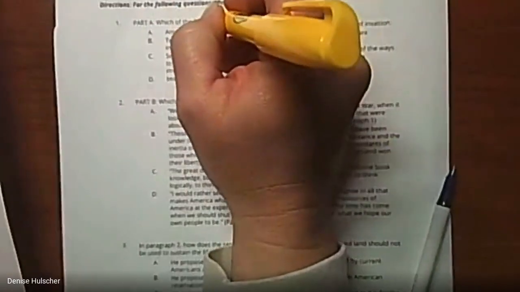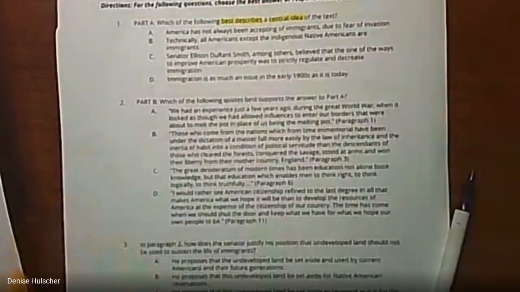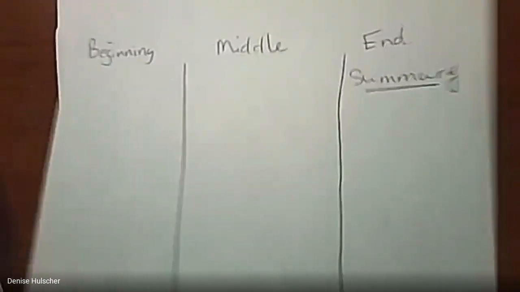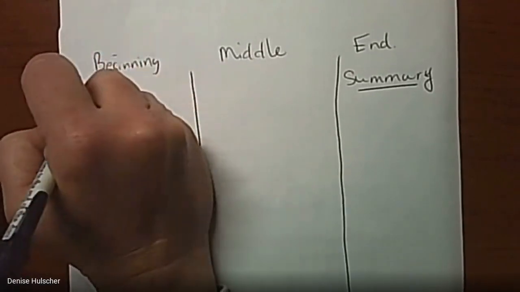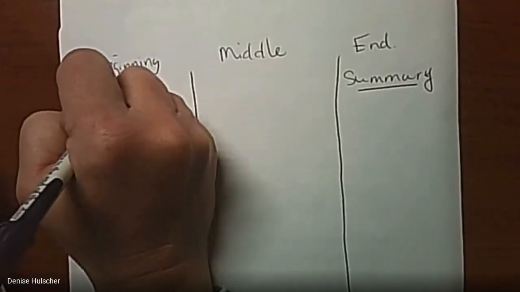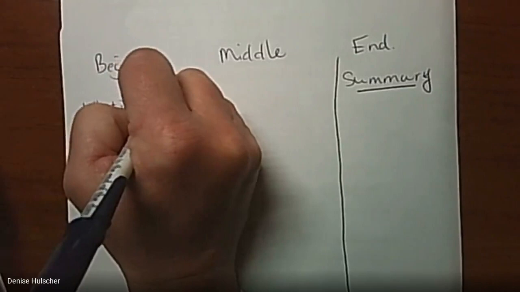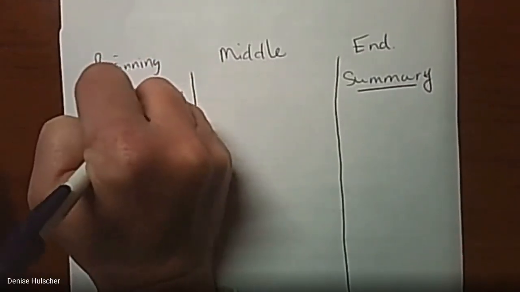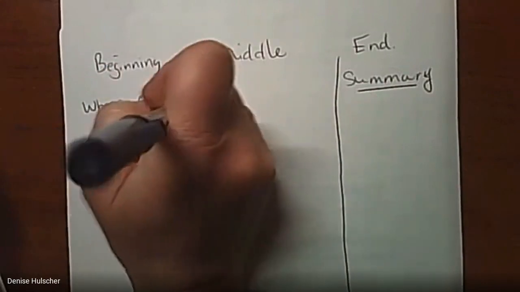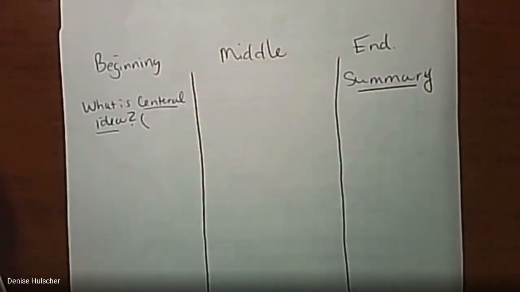I want to know what best describes. So in my chart, I can put what is the central idea. What's another word for central idea? What do you think that the word central means?